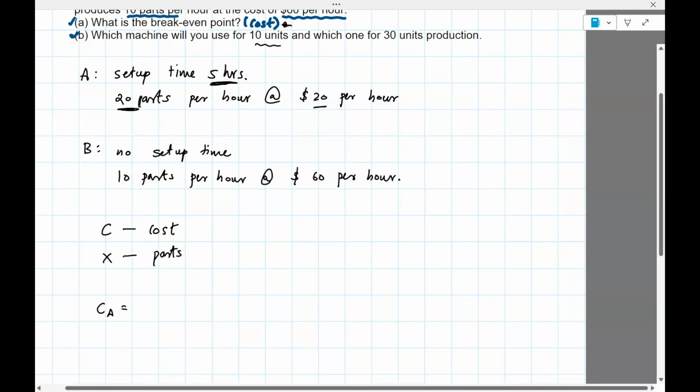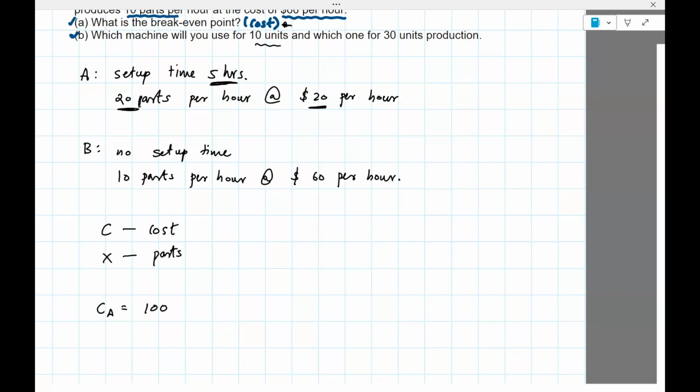And it would cost you $20 per hour, which means the amount of money you lose while waiting for the setup is 5 times 20, which is 100. So there is a dead cost of $100. The moment you decide to go with A, you have $100 upfront cost, which you would have spent making parts. That's something you need to put in right away.